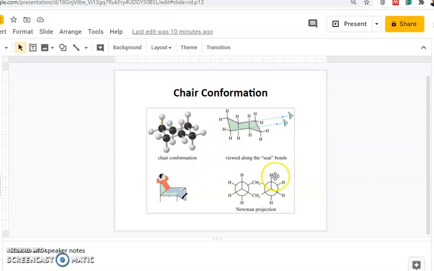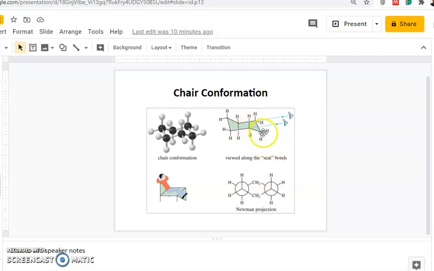Here you have the Newman projection of cyclohexane. We are viewing through carbons 1 and 3. This is the first carbon, and behind the first carbon you have the sixth carbon, which is represented as a circle.